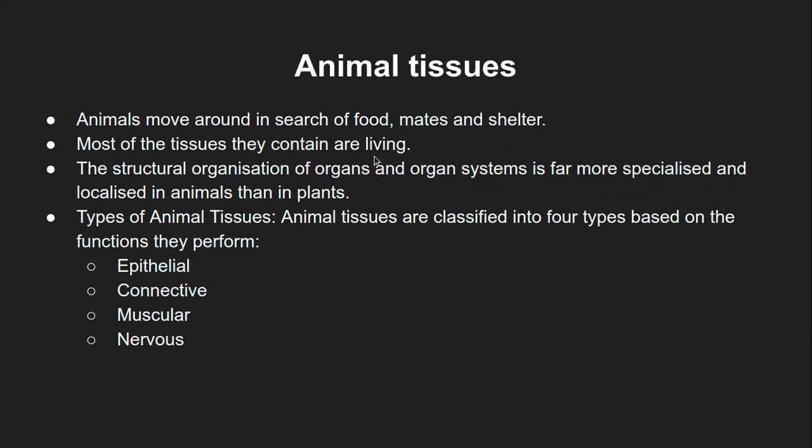And most of the tissues are living. That is the most obvious thing, right? Cells are living, so obviously the tissue will be living, and ultimately the organ system and then the whole organism itself. The structural organization of organ and organ system is more specialized and localized in animals than in plants, and this is what I said at the start.